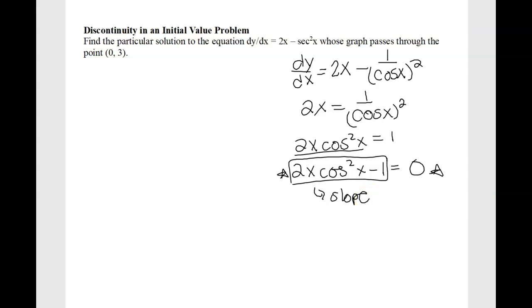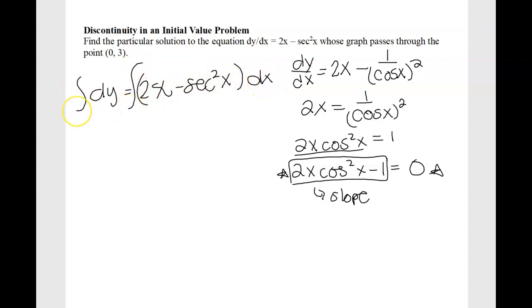So what you do is still separate those variables. The important thing, and I've been stressing it, is that every time you integrate, you must have a dx or a dy or a dt written with each integral. They go together.